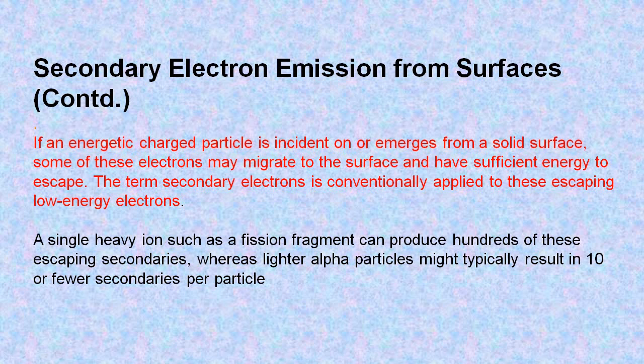Because the alpha particle energy is low, the energy that is transferred to electrons is also low. That is why there is a limited number of electrons. But in the case of fission fragments, energy is very high, so a large number of secondary electrons can be emitted.